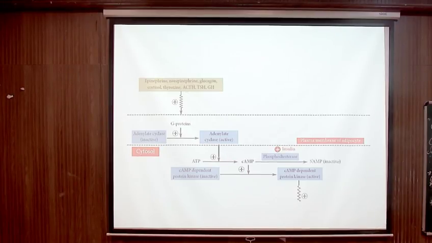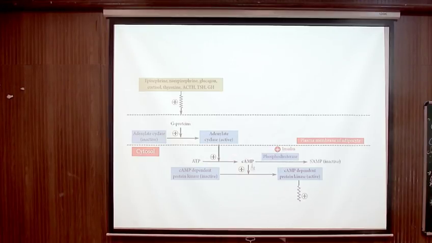Is this clear? So, hormones like epinephrine will activate the adenylate cyclase, which in turn will act on ATP, forming cAMP. Whenever there is an increase in cAMP, it favors lipolysis. Insulin will actually degrade cAMP by its action on phosphodiesterase.